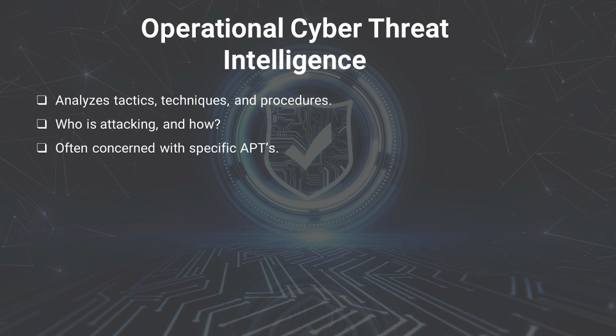Perhaps a specific advanced persistent threat, otherwise known as an APT, has recently developed an effective exploit against a specific service, and threat intelligence reports indicate you are a likely target. Preemptively developing mitigations for this attack would be the correct response to such actionable operational cyber threat intelligence. Operational cyber threat intelligence emerges naturally from the analysis of tactical cyber threat intelligence.